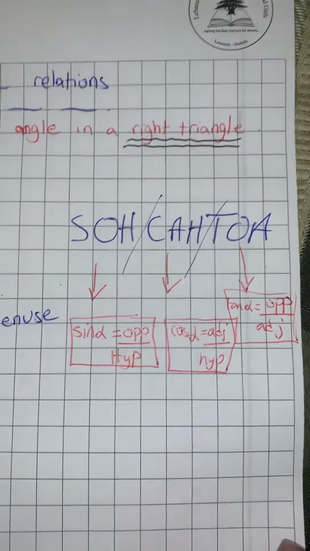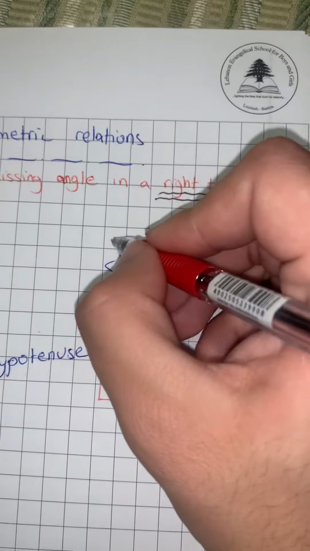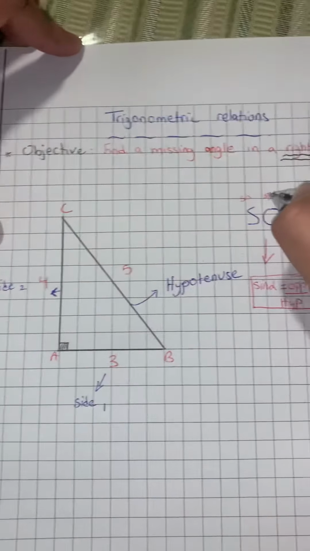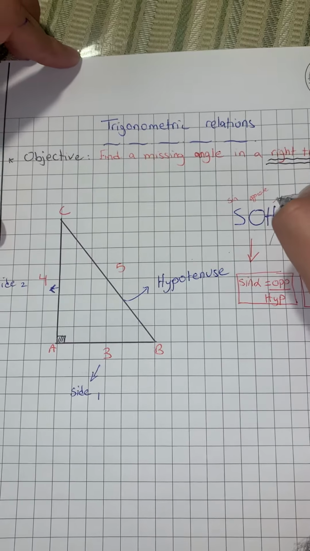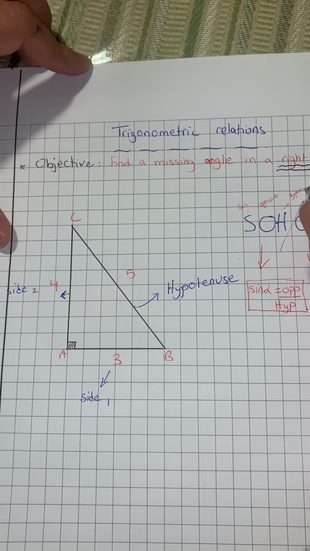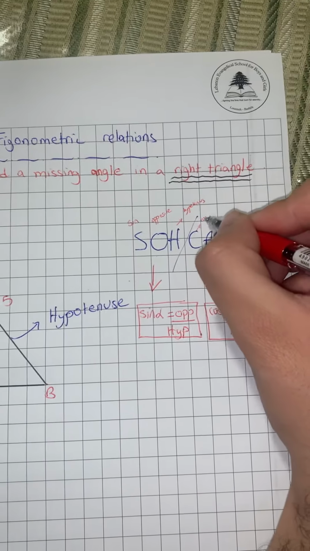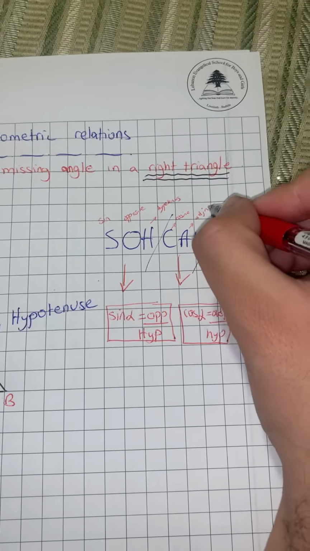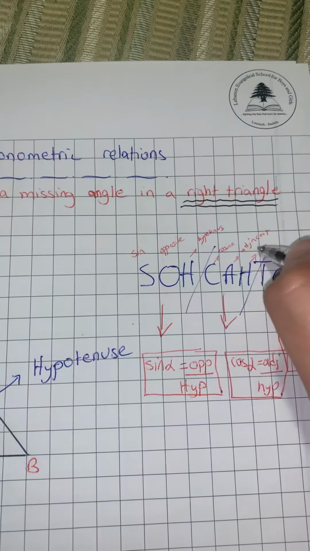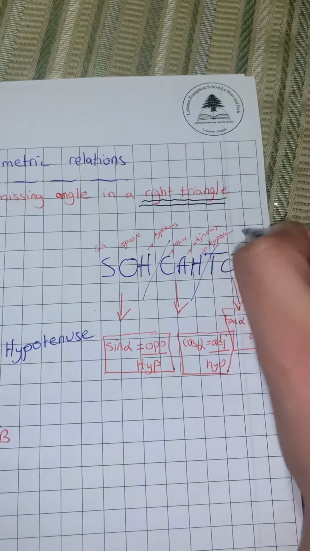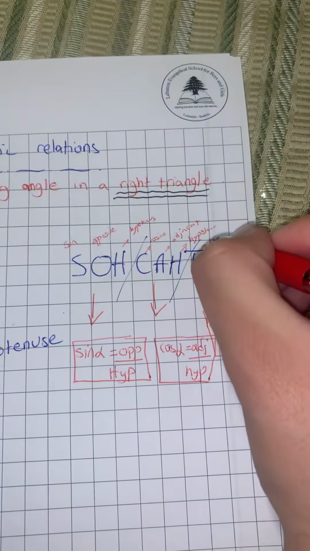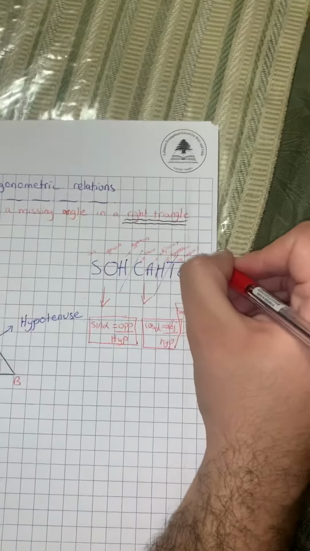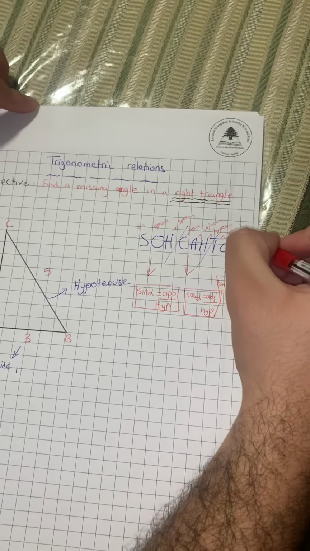Now, S stands for sine, O stands for opposite, H stands for hypotenuse, C stands for cosine, A stands for adjacent, H stands for hypotenuse, T stands for tangent, O opposite, and A adjacent.